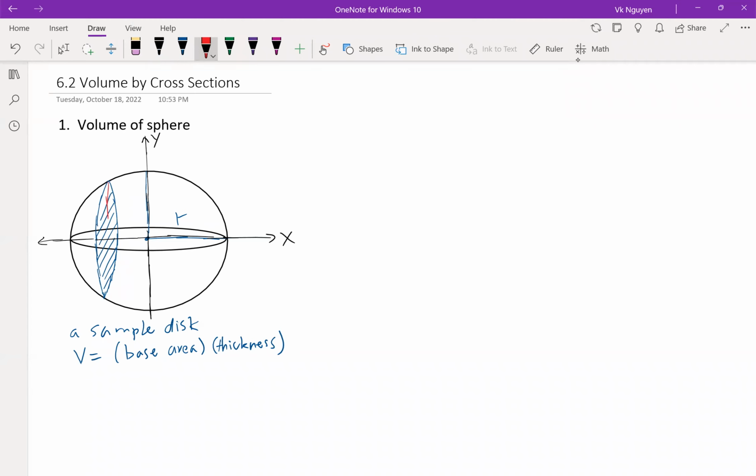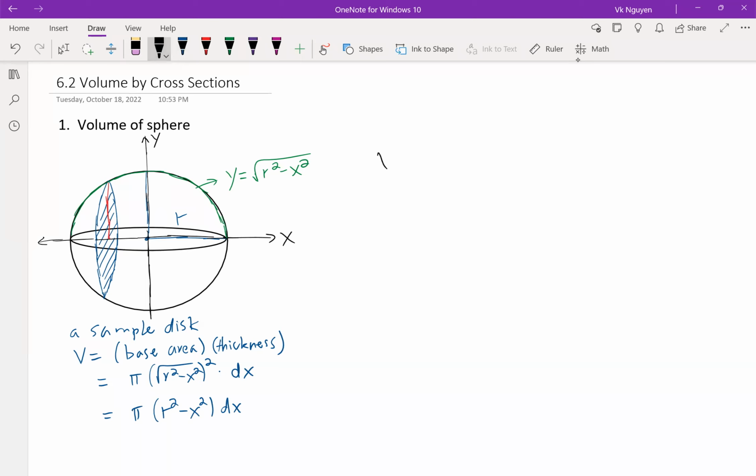This would be the radius. The top half of the circle of radius r is y equals the square root of r squared minus x squared. So the base area is pi y squared, which is pi times r squared minus x squared, and the thickness is dx.